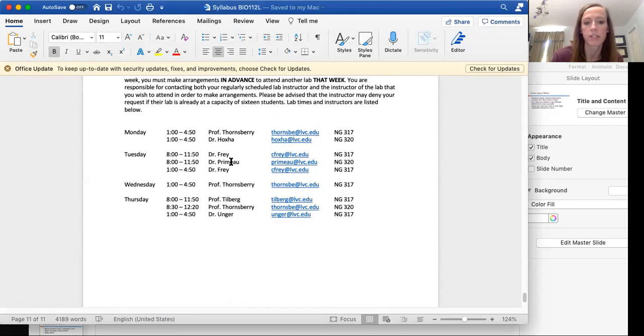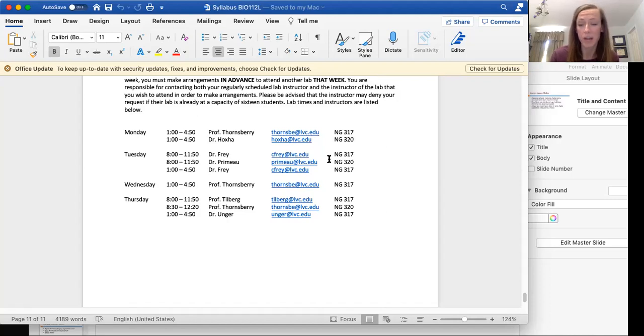So all of these different sections of the lab are taking place throughout the week. And luckily we're on Tuesday, so you can find another time, Wednesday or Thursday, when you're able to come to lab that week. Or if you know ahead of time, you can also choose a Monday lab, and contact me as well as the professor whose lab you would like to attend. So you would have to reach out to both of us.